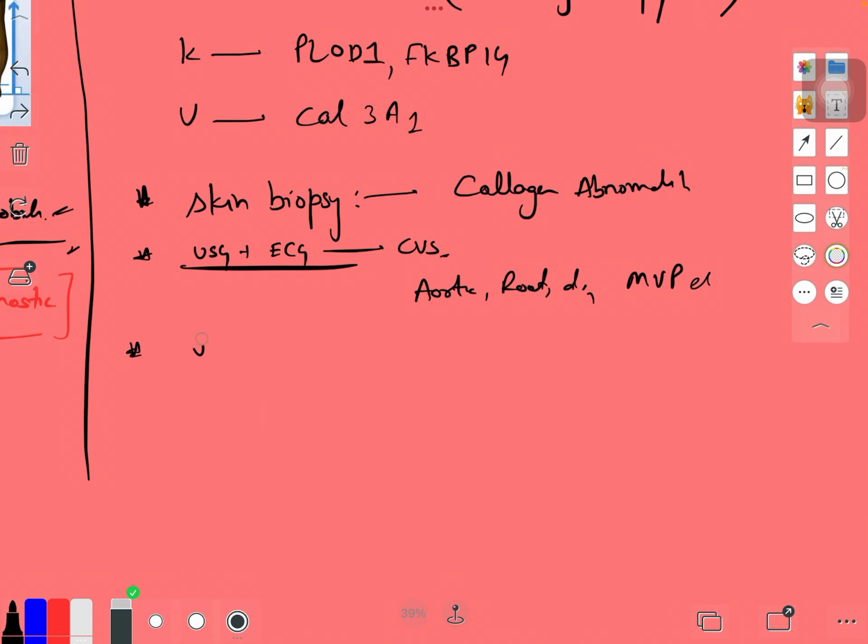And then we can go with the CT, MRI, X-rays, right, to check for other systems. Examples: scoliosis, aortic dissection, maybe hip dysplasia, and etc. You get it, right?